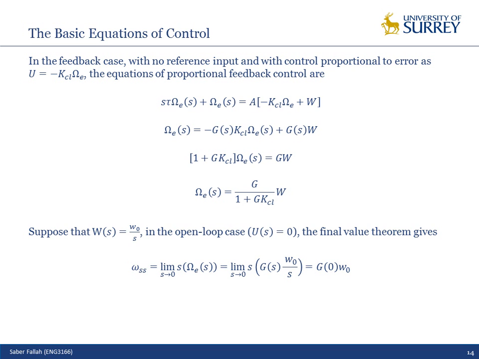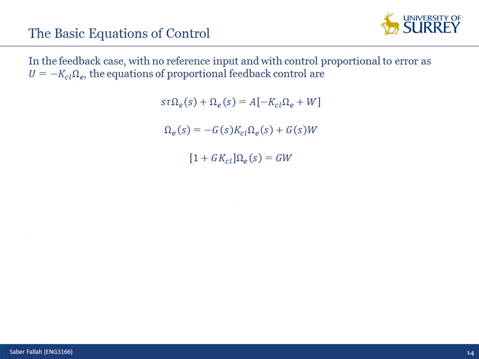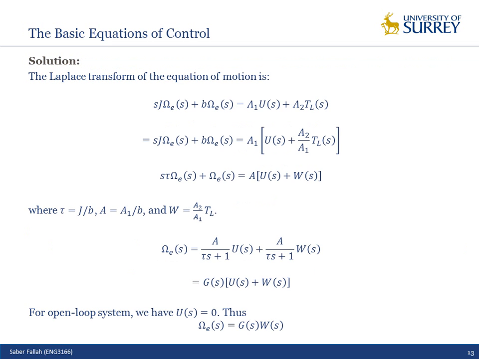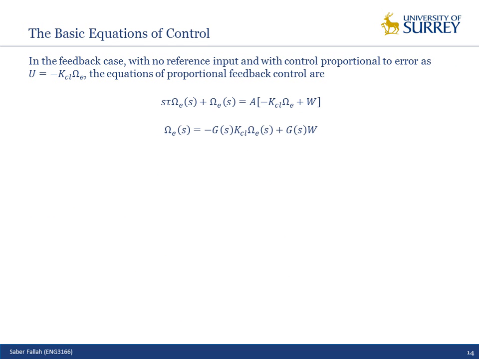I define the G(s) here: A over tau s plus 1 is the G(s). So if you look at this relation and factor out omega E, it will be s tau plus 1, and A over s tau plus 1 will be G(s). Correct?